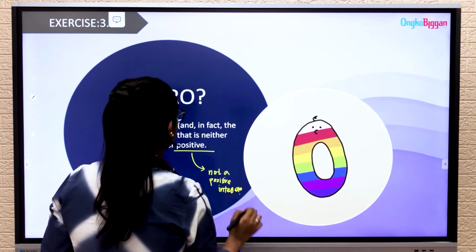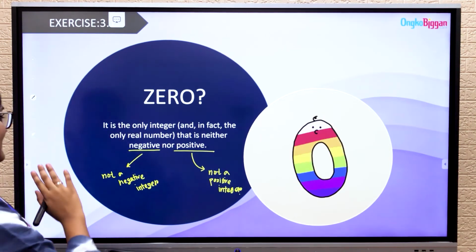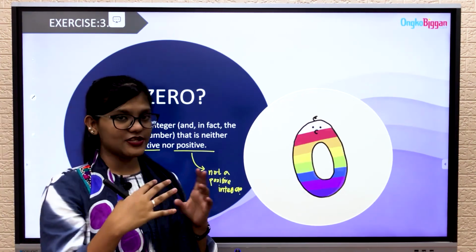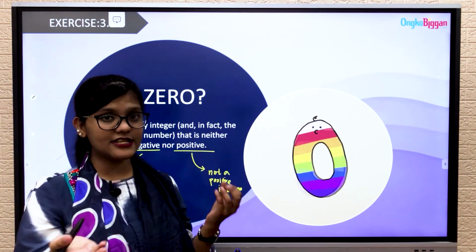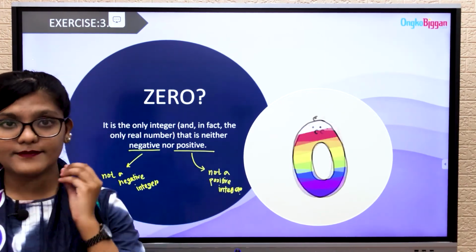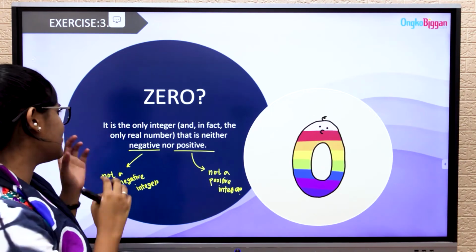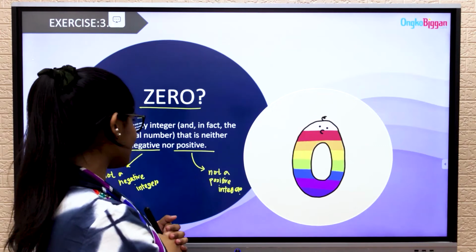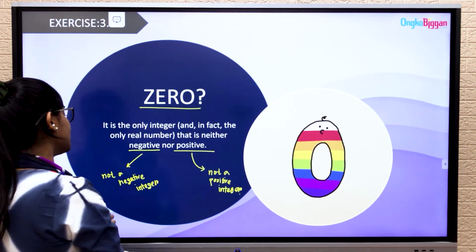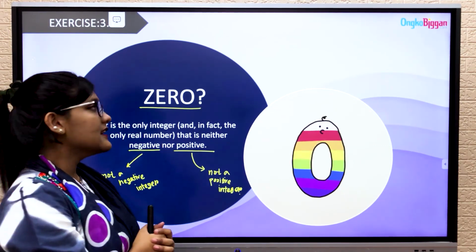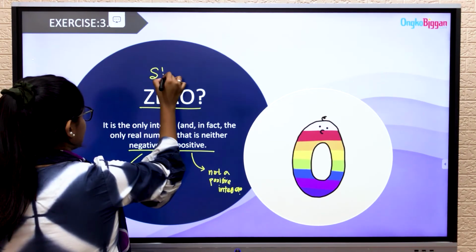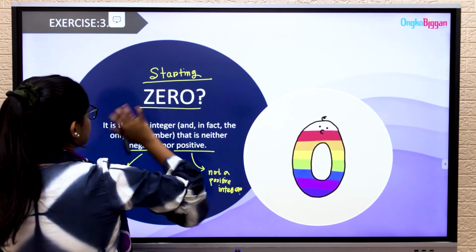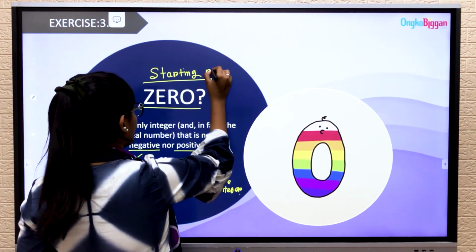Since it's not negative, not positive, but a whole number, we categorize 0 separately. We don't say it falls under positive numbers or negative numbers. It's a different one. 0 is an individual. I hope you understood. I have said 0 is considered as the starting point, from where we start counting.